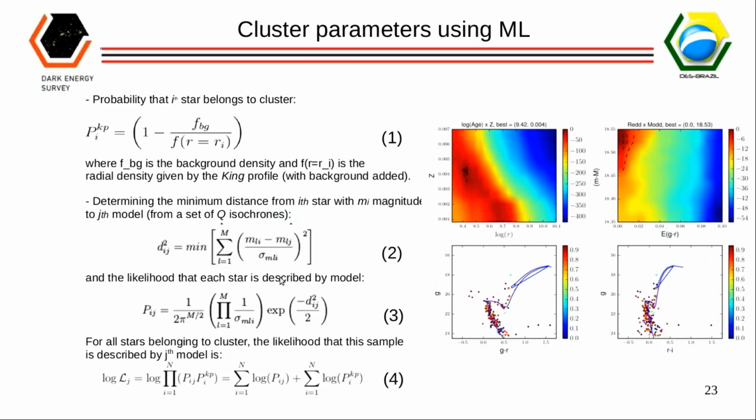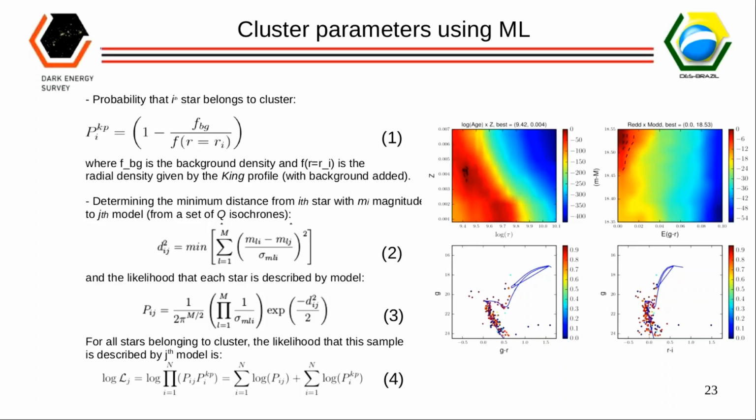To compare our sample of clusters to models, we apply the same technique, that is the maximum likelihood technique. We compare the set of stars with likelihood to belong to the cluster greater than 5% to the Bressan models.